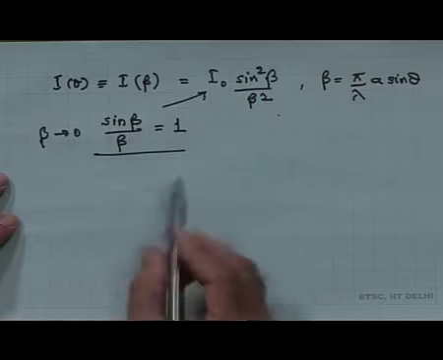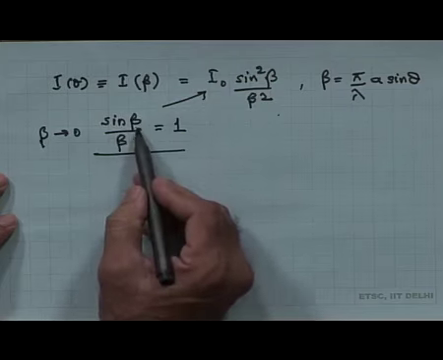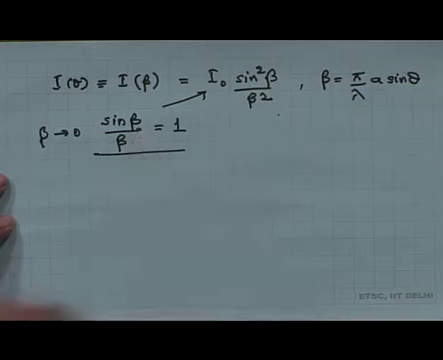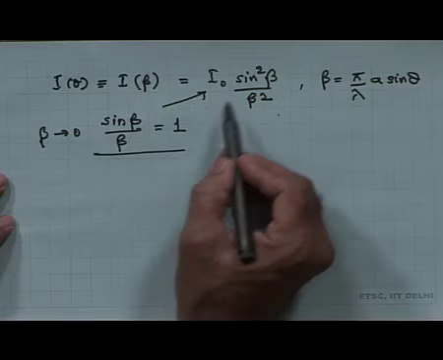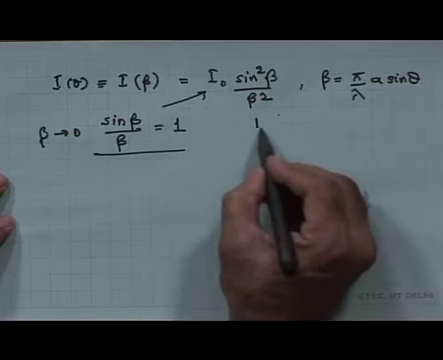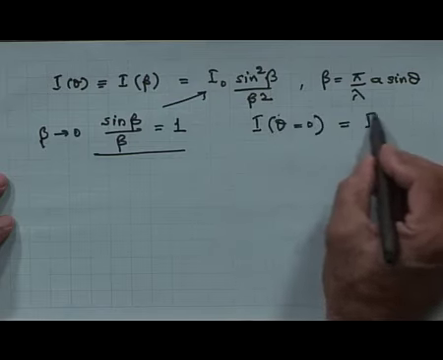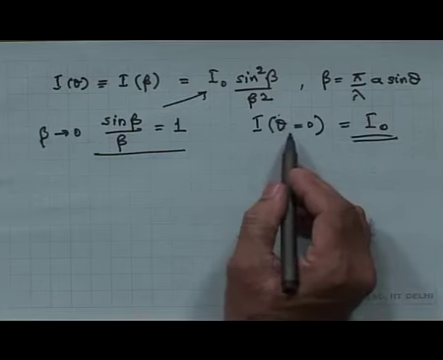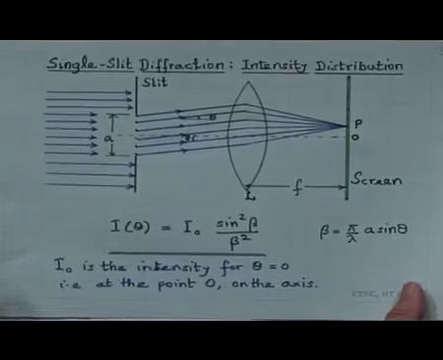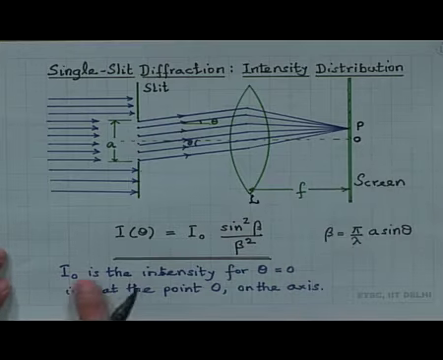I am sure you know this: you simply differentiate, then we get cos beta by 1, and if you put beta equal to 0, cos beta is 1. Therefore, at theta equal to 0, I of theta is equal to I 0. Recall what theta equal to 0 means: it is on the axis, that is at the point O. So, I 0 is the intensity at theta equal to 0.